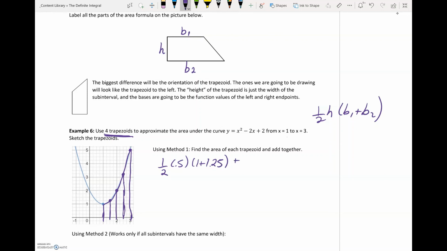Now the next one, again, we have a width of a half, or in this case, your height, because we're talking about trapezoids. And then we'll do one length plus the other. So we have 1.25 plus 2. Remember, your 1.25 is the left side of that trapezoid. The right side of the trapezoid has a length of 2.